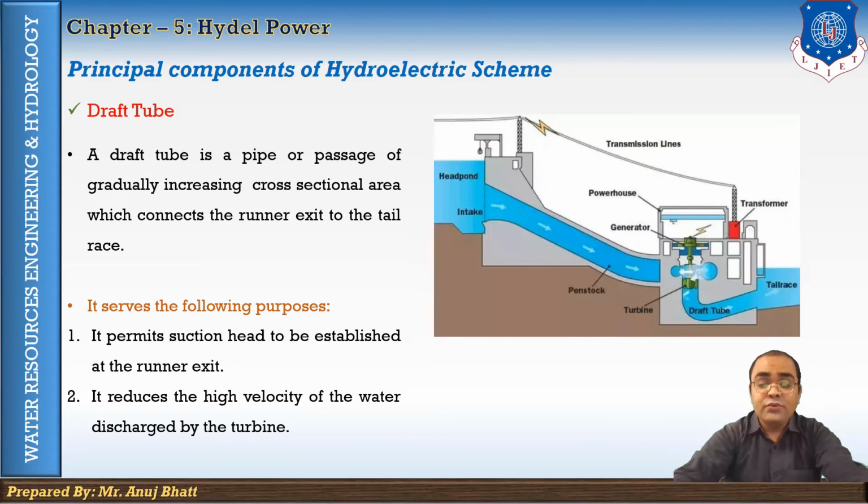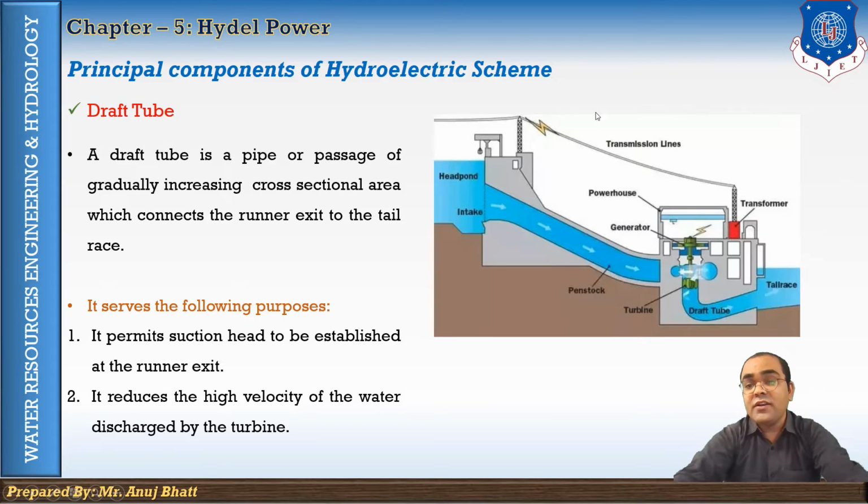It also reduces the high velocity of the water discharged by the turbine by gradually enlarging the cross-section, and thus converts the kinetic energy of the water leaving the runner into mechanical energy. Thus, it acts as a recuperator of pressure energy.